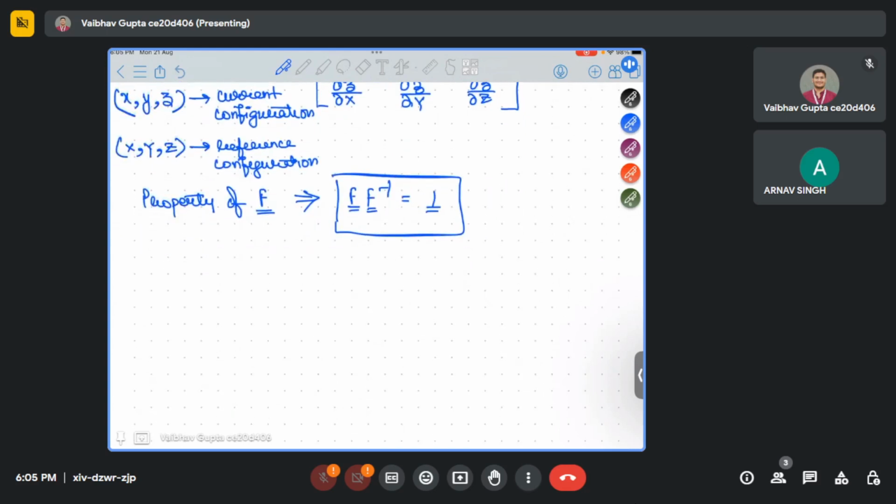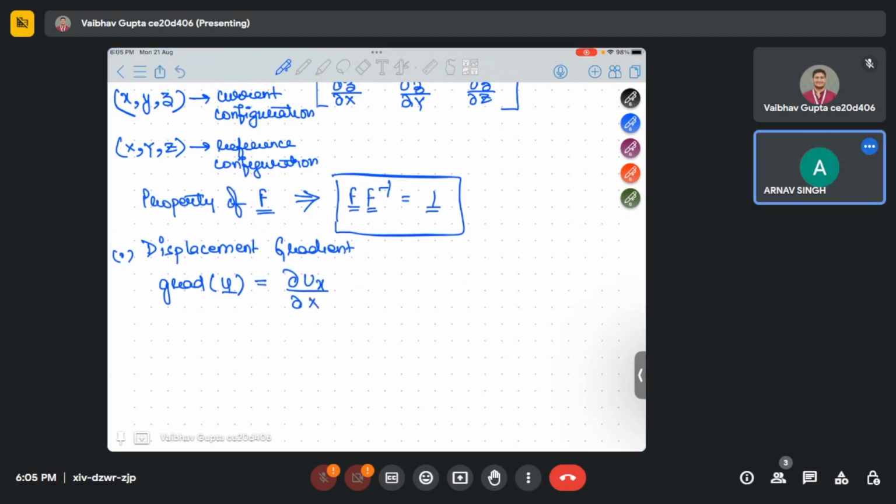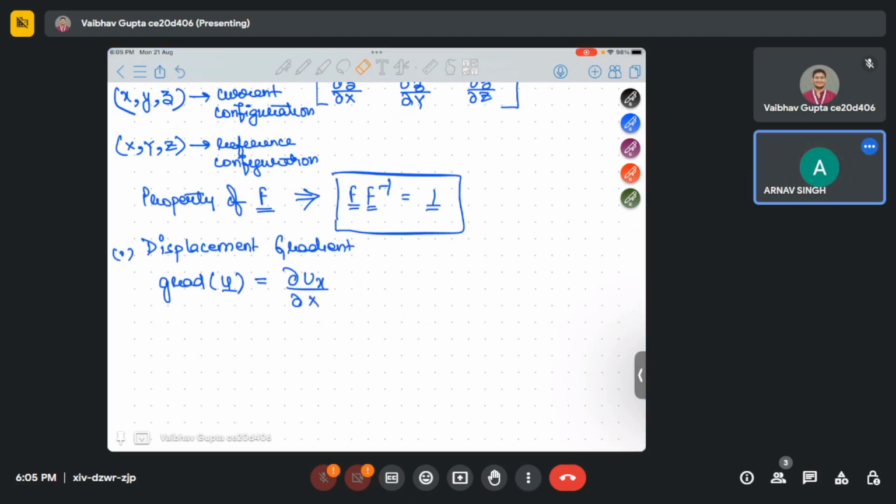The second thing covered, which I was talking about just now, is the displacement gradient. This displacement gradient is nothing but grad of u, the partial derivative of u, meaning displacement.